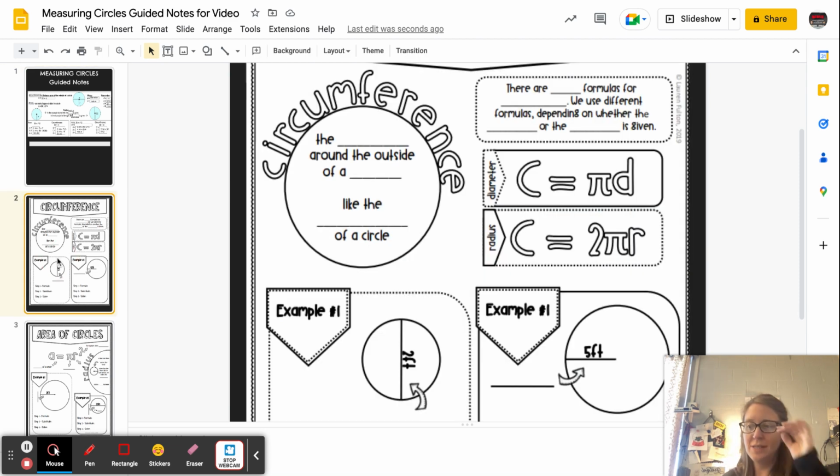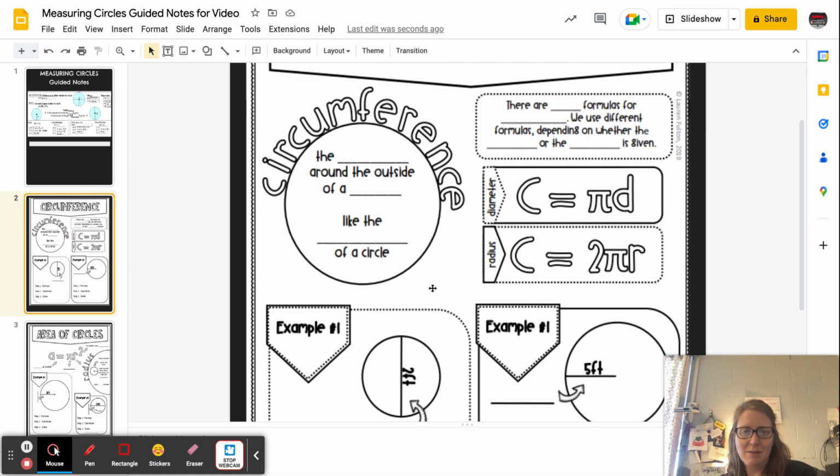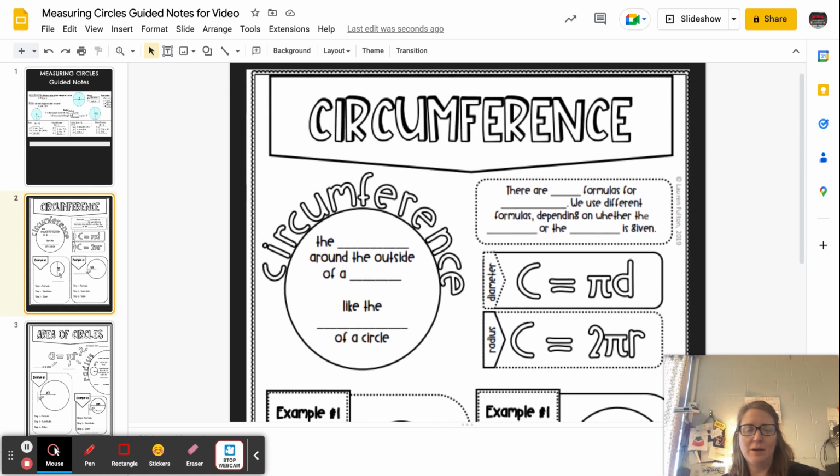All right, let's go on to the inside of there. And so some of this stuff is the exact same thing that you've already seen, but we're just going to kind of remind ourselves. Circumference. Circumference is the distance around the outside of a circle. Okay, it's the distance around the outside of the circle. So go ahead and put that in right now.